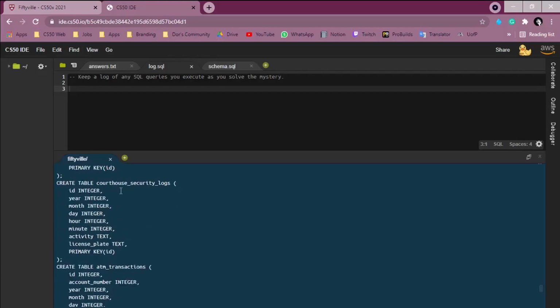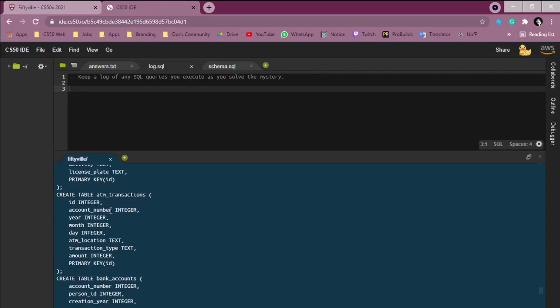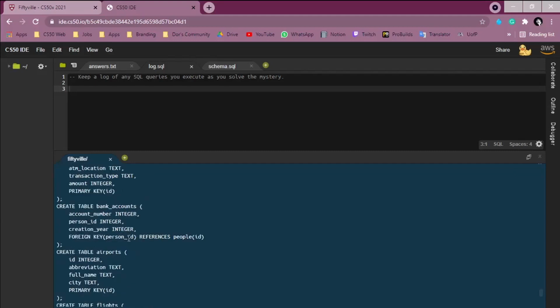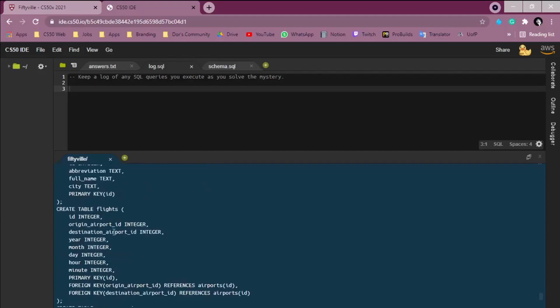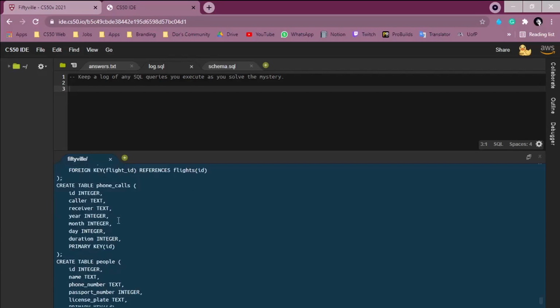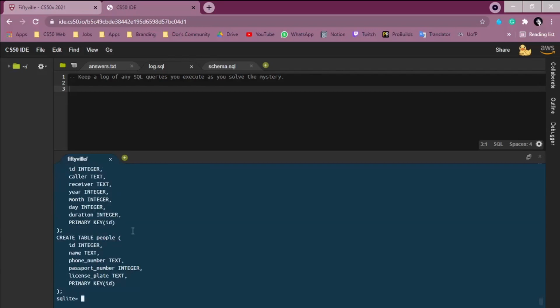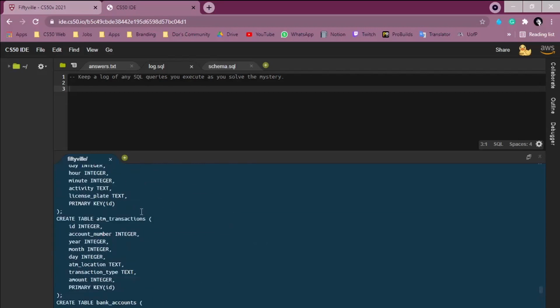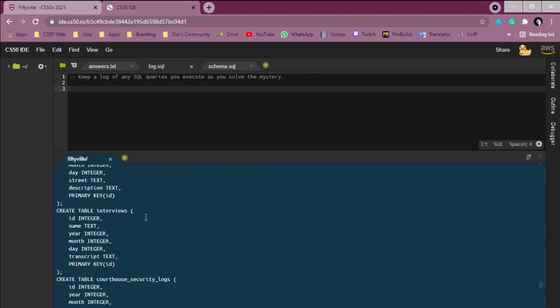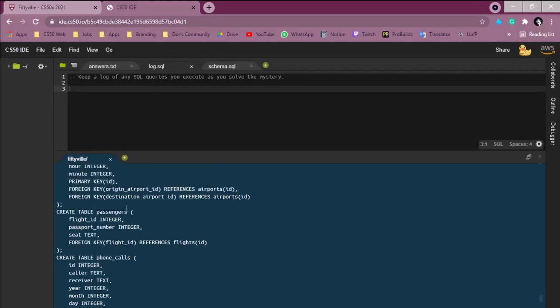We have the courthouse security logs, where we have year, month, day, hour, minute, activity, and license plate information, okay. The ATM transactions, we have the bank accounts, the airports, the flights, the passengers, phone calls, and people tables, okay. So we have a lot of information in our database and we are going to solve this mystery using this information here, okay.